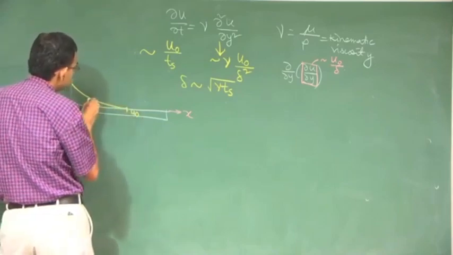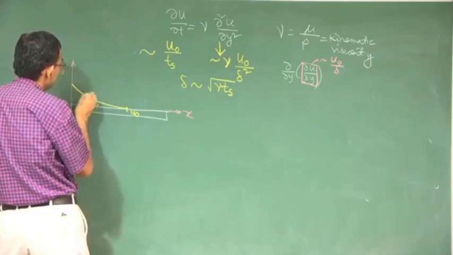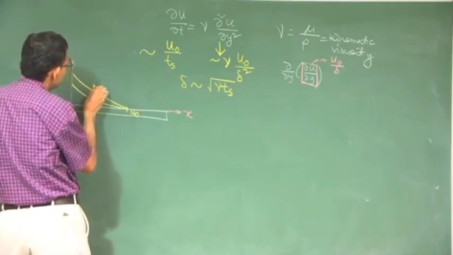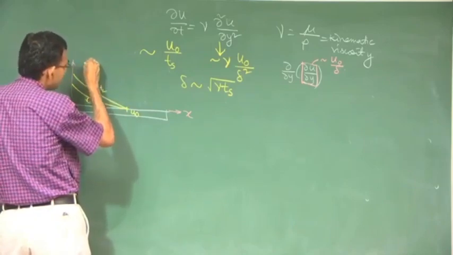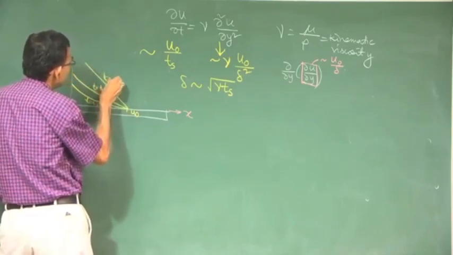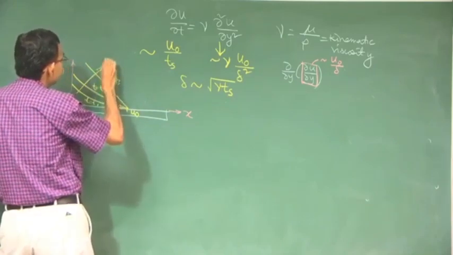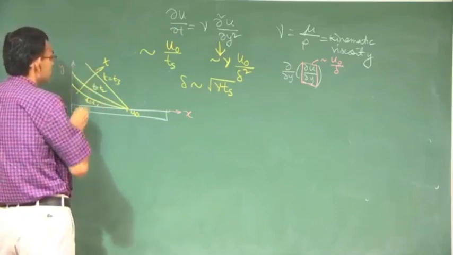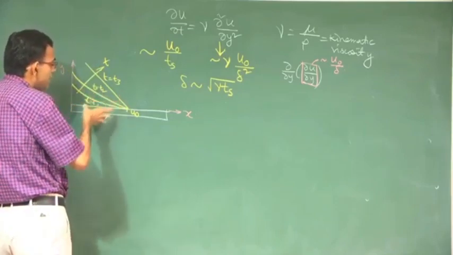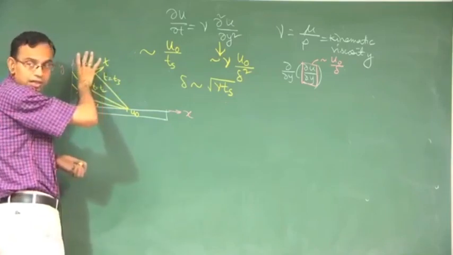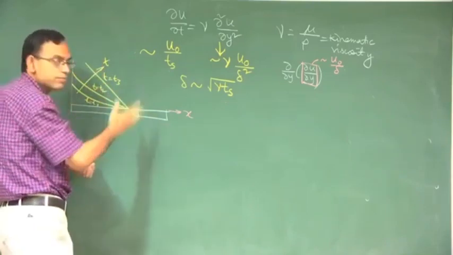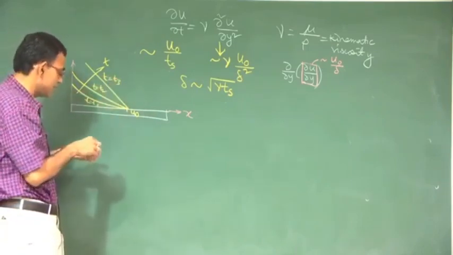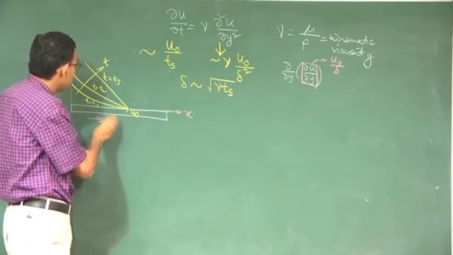So, this is t equal to t1, then this is t equal to t2, and this is say t equal to t3, where you have increasing t in this direction. What is happening is, as you allow more and more time, more and more thickness of the fluid is responding to this movement of the plate. So, the velocity plots are all scattered. The x axis is u and the y axis is y.